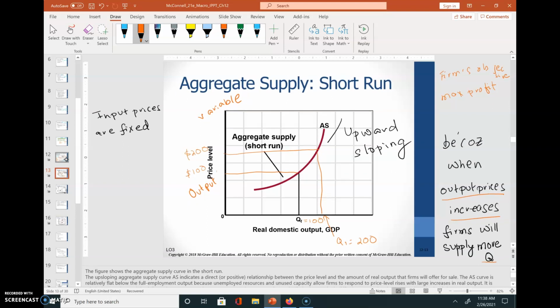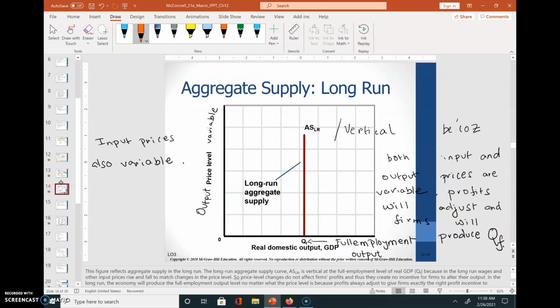As you can see here, we have an upward sloping aggregate supply curve because when output prices are increasing, firms will sell more output. The price goes up from $100 to $200, just for example, and the quantity supplied increases from 100 to 200 units.